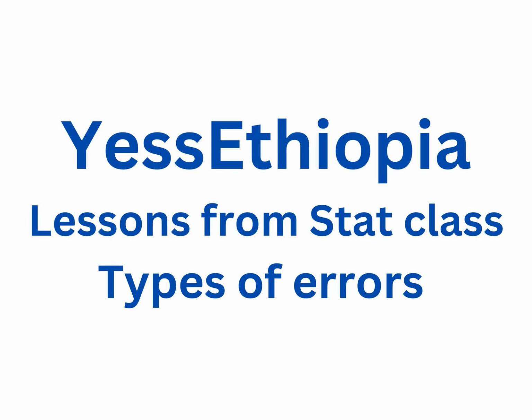False alarms happen for several reasons. One of which is bad samples. Samples that don't represent the population can lead to results that don't represent the population. Second, bad measures.